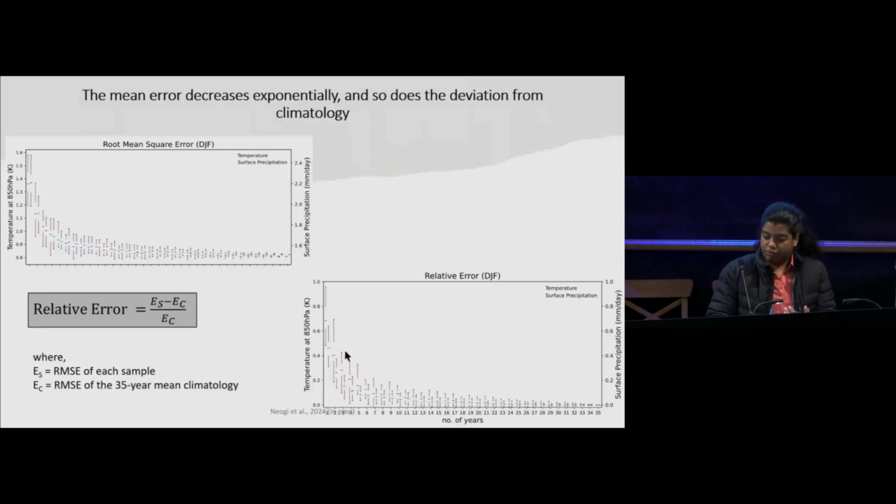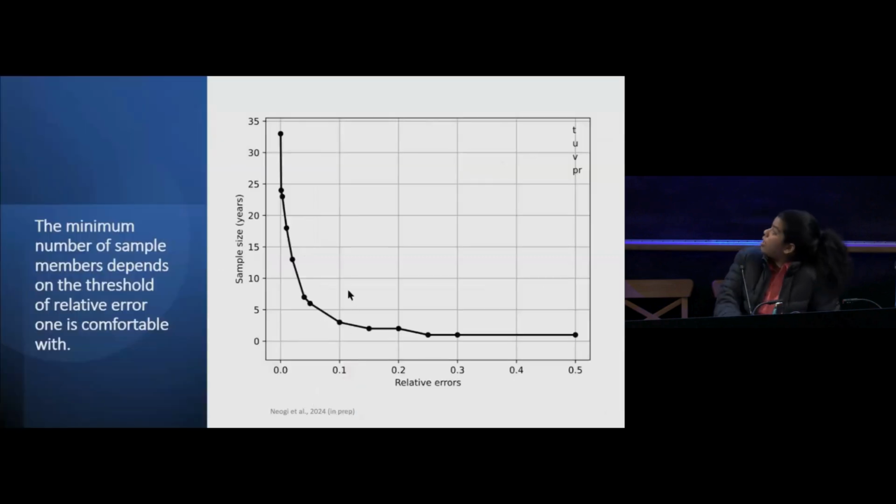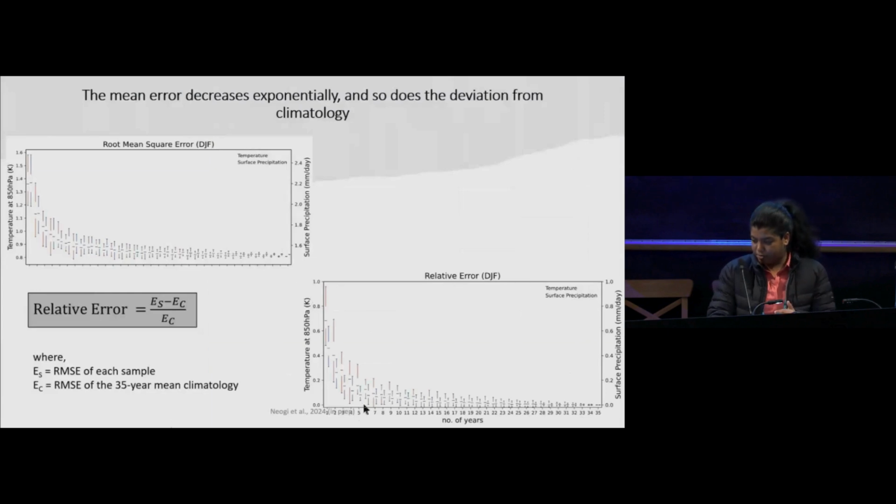So we wanted to quantify this further, and I'm so sorry, I don't know why the plots are not showing up, but basically this is a summary figure where I've compared the minimum number of samples that you need for different variables, taking the median from each of these samples.